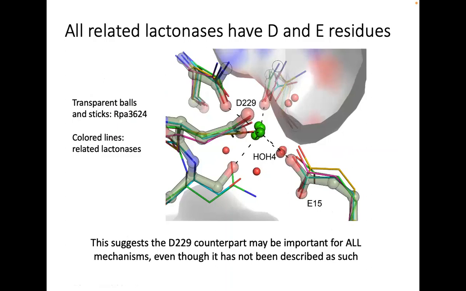Some of the other residues nearby are different and have different identities, but that aspartate and glutamate are always conserved, whether it's the human enzyme or this bacterial enzyme or gram-positive enzyme. That was really interesting to us and suggests that the counterpart of D229 in my enzyme could be playing a role in all of the mechanisms of these other enzymes, even though that hasn't been described as such in previous work.